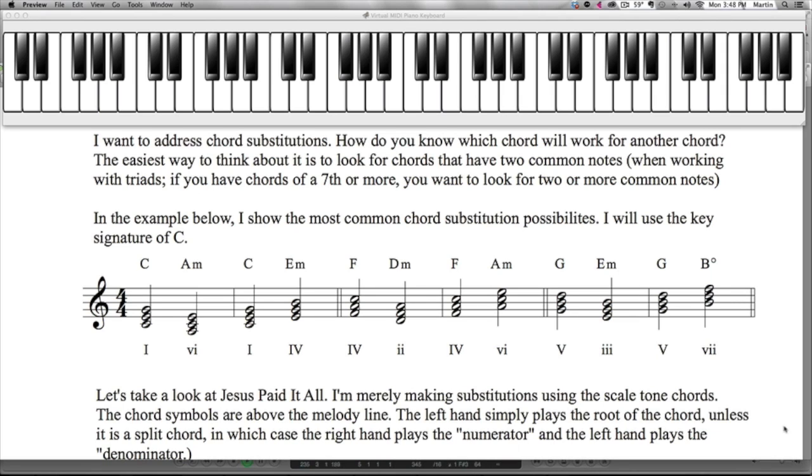All right, if you look at the F, which is the 4 chord there in the key of C, again, it's the same principle. If you go down to the D minor, you've got those 2 notes in common, or you could go a third above and you have the A minor. And notice it has that same sound.